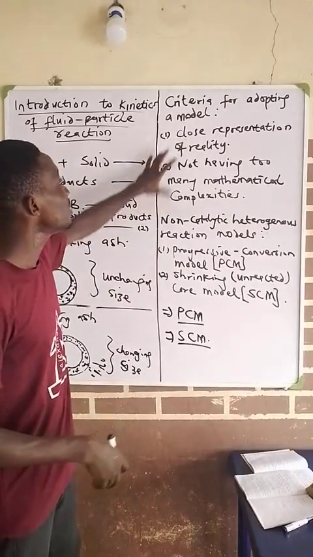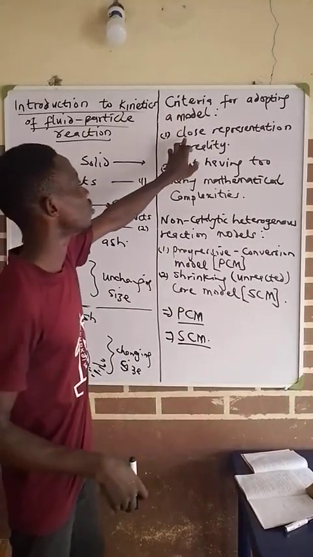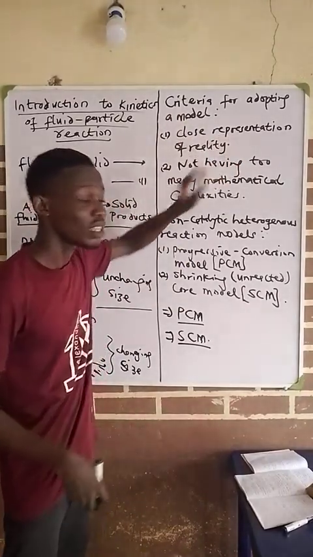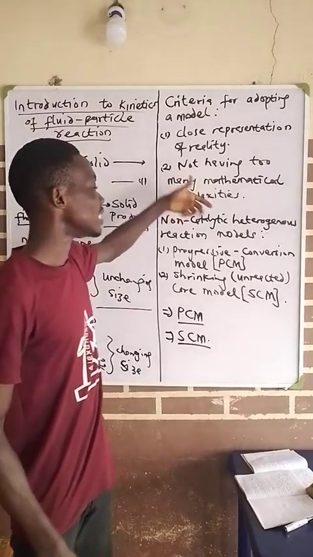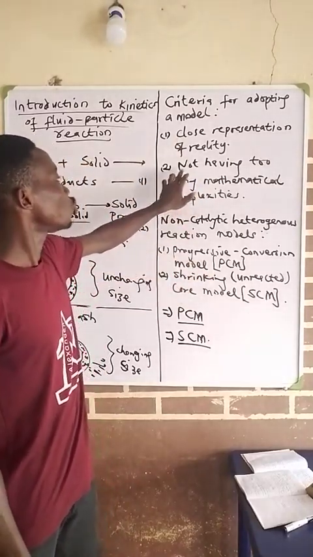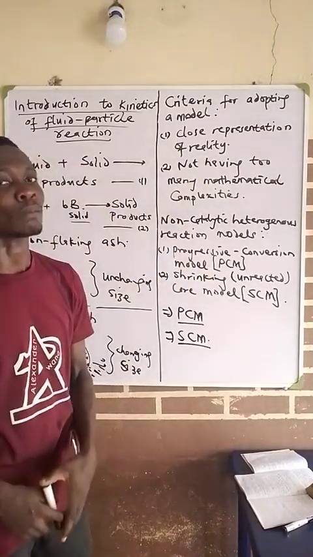Now, remember the criteria: there must be a close representation of reality, and the model per se should not have too many mathematical complexities.